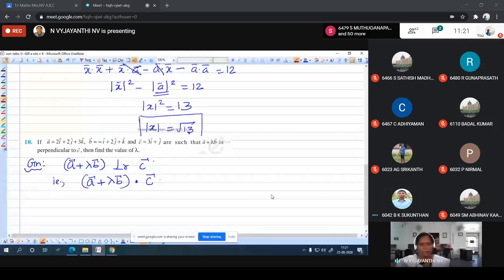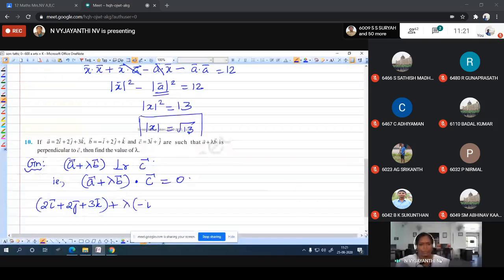What is A vector plus lambda B vector? 2i vector plus 2j vector plus 3k vector plus lambda into minus i plus 2j plus k vector, dot 3i plus j equal to 0.